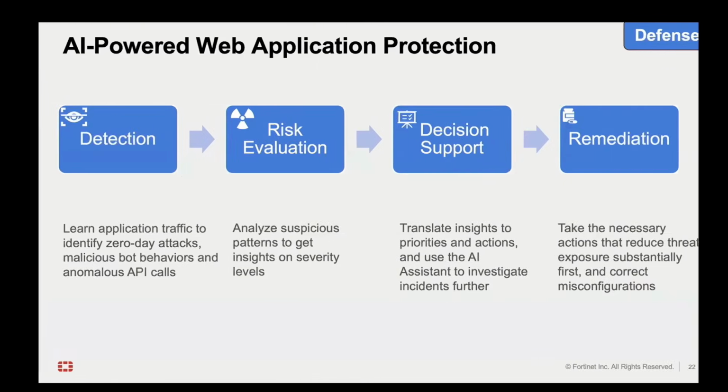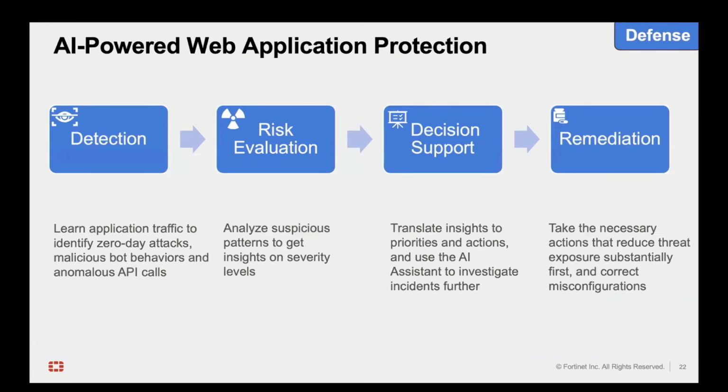So I'm just going to go back to my slides to explain how the machine learning API discovery works. The AI-powered discovery or machine learning starts by learning normal application traffic here. The FortiWeb will learn how the user interacts, what kind of context the user is using, and what the data flows look like. And then it builds a machine learning model.